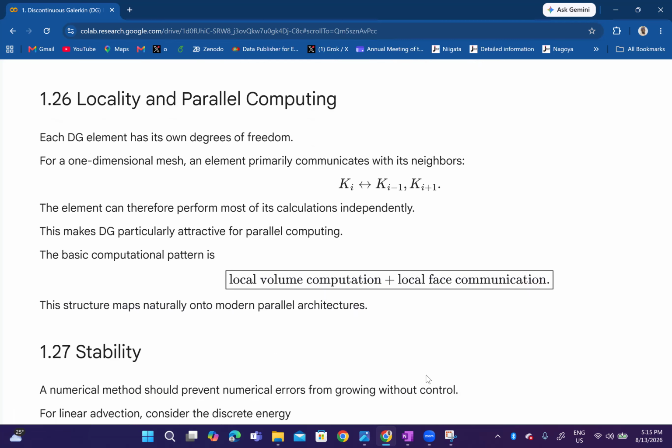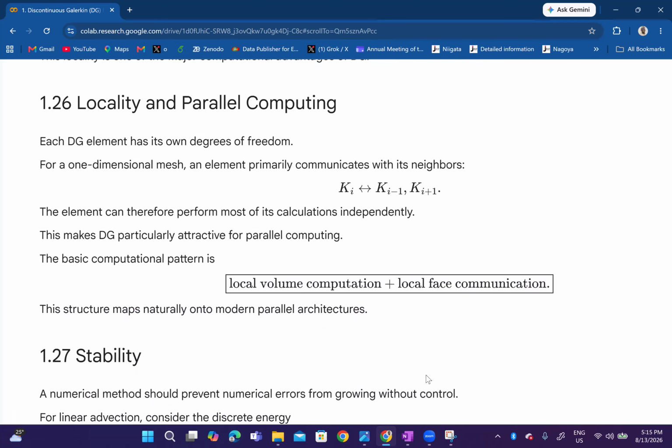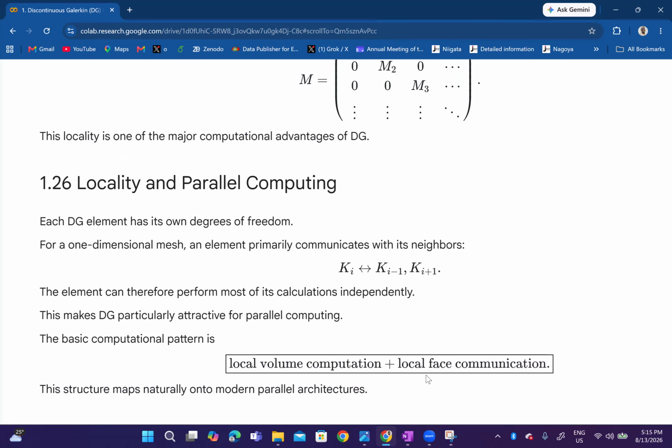Then we have locality and parallel computing now. One of the advantages of discontinuous Galerkin is that we can have parallel computing, because each element can be in its own locality. Each discontinuous Galerkin element has its own degrees of freedom. For a one-dimensional mesh, an element primarily communicates with its neighbors, so K_i can only communicate with K_(i-1) and K_(i+1).